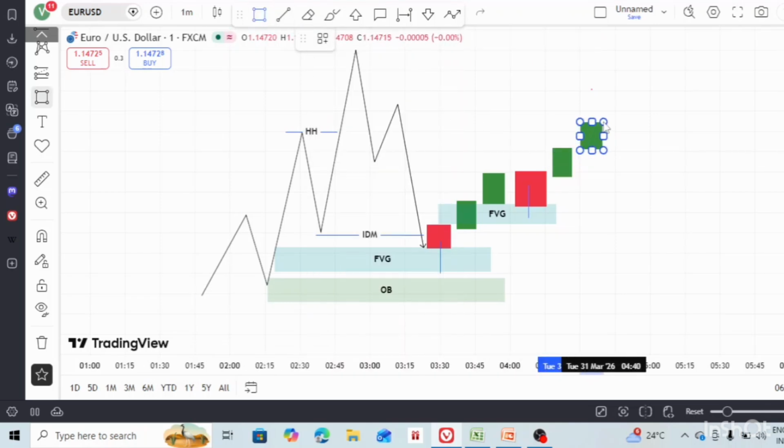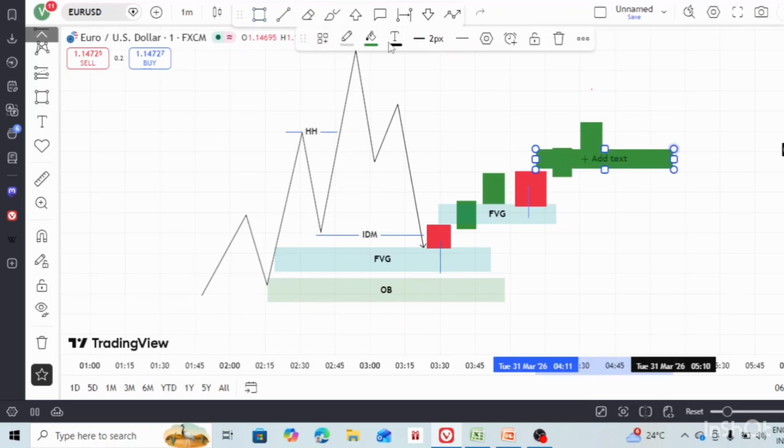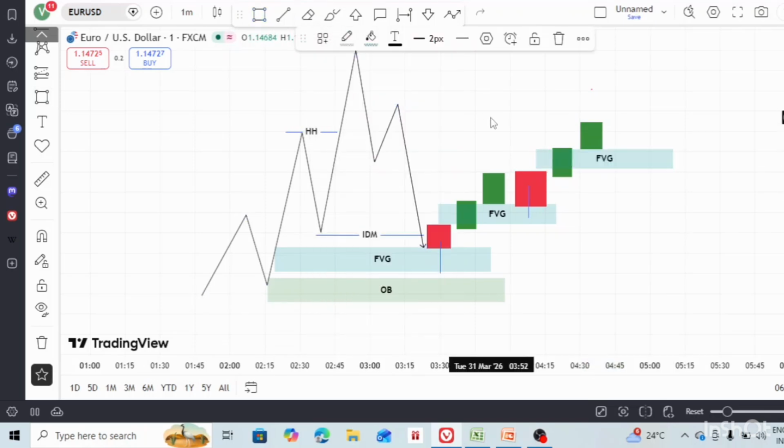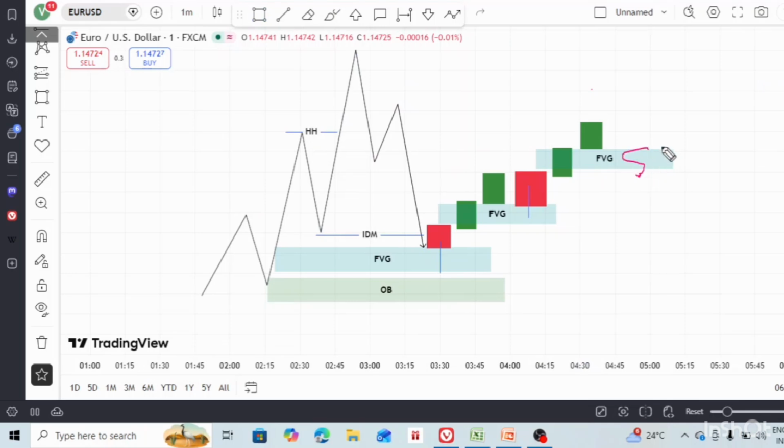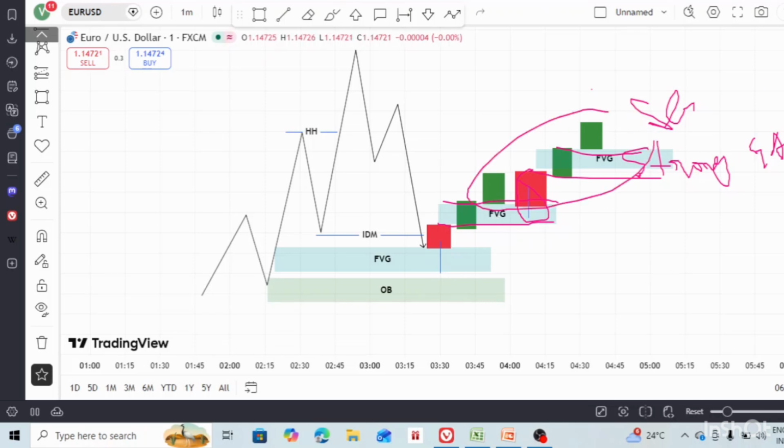So this will be the strong gap. The first gap has been mitigated, it has also created another gap, so this is the strong gap, and you can take the trade depending on the type of gap.